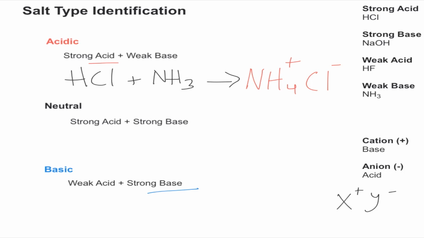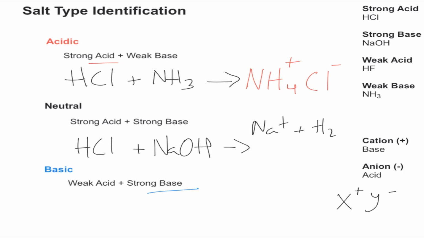Now for our neutral scenario, we're going to take our strong acid HCl and our strong base NaOH to form, so HCl plus sodium hydroxide is going to form Na plus, water, and we'll also have a Cl minus.